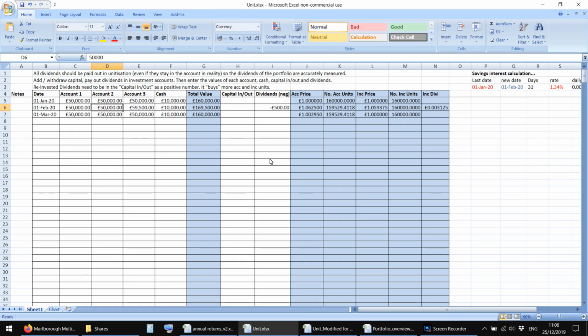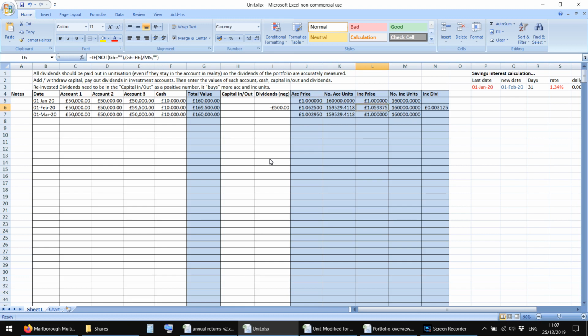So if you'd paid out £500 to yourself, it would have lost £500, and actually the accumulation price has stayed exactly the same, 6.25, and that's what we want. Because even though you've paid yourself out £500, the portfolio has still performed the same. It's just that you've chosen to pay yourself £500. So quite correctly, the accumulation price keeps itself as 6.25% higher than it was a month ago.